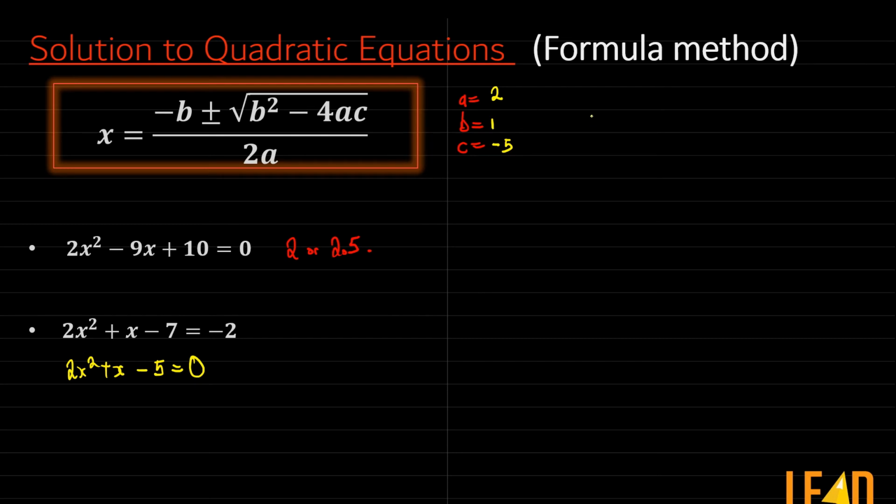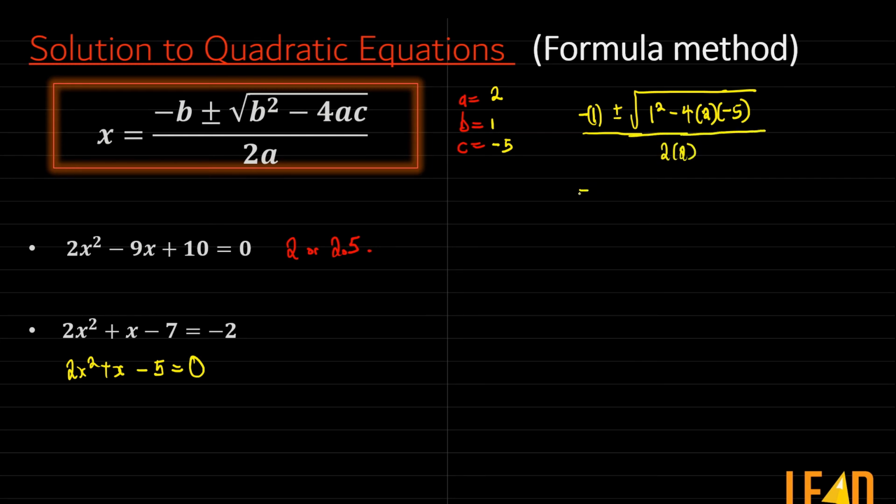Alright, let's go. -1 plus or minus the square root of 1 squared minus 4 times 2 times -5, over 2 times 2.